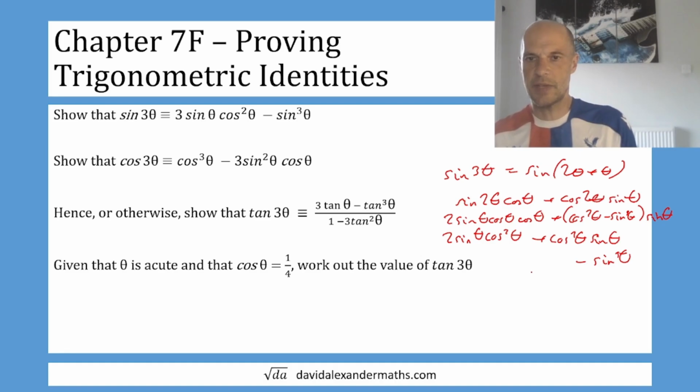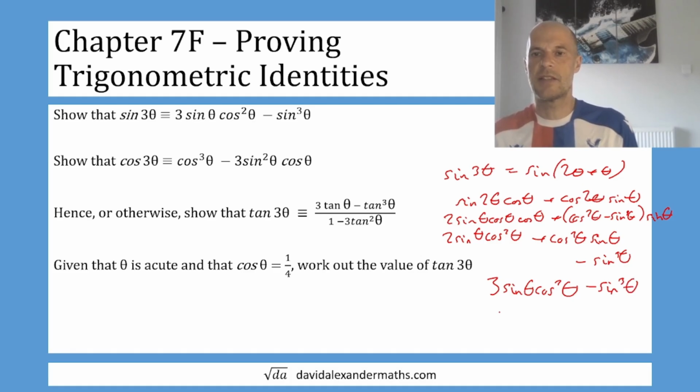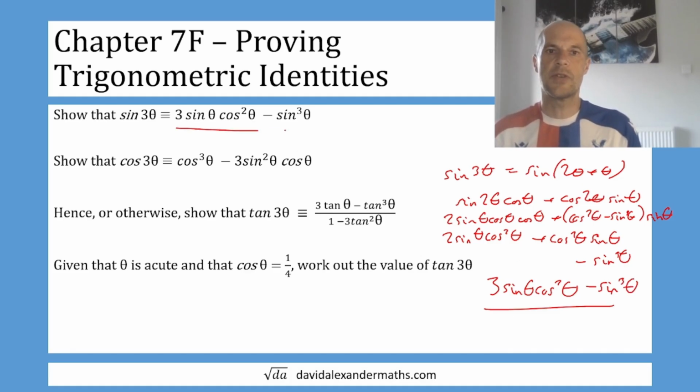Okay, so we're getting somewhere. I can add the cos squared theta sine theta, that's the same as sine theta cos squared theta, so that is 3 sine theta cos squared theta minus sine cubed theta. There we go. So we have proven that first part.